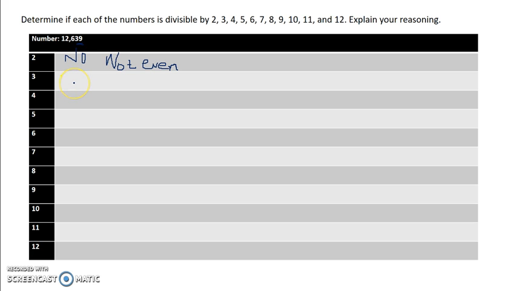Alright, let's look at 3. Is the number divisible by 3? Well, the first thing I have to do is find the sum of the digits. The sum of the digits is 21 in this case. 1 plus 2 plus 6 plus 3 plus 9 is 21.